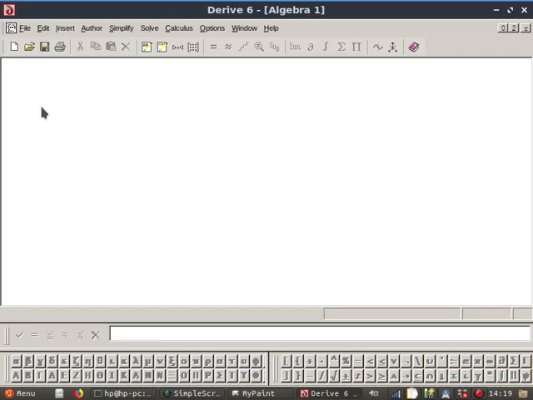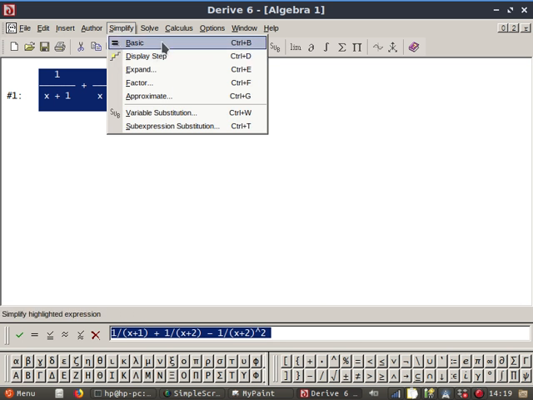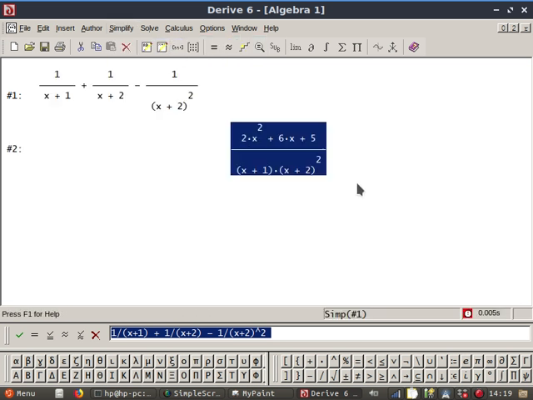Here we go. So the first one was 1 over x plus 1, plus 1 over x plus 2, plus minus 1 over x plus 2 squared. When I add these 3 together, let's see what I get. I get this. Was that the original question? It was. Yes, except, of course, for the denominator, but it's the same thing.